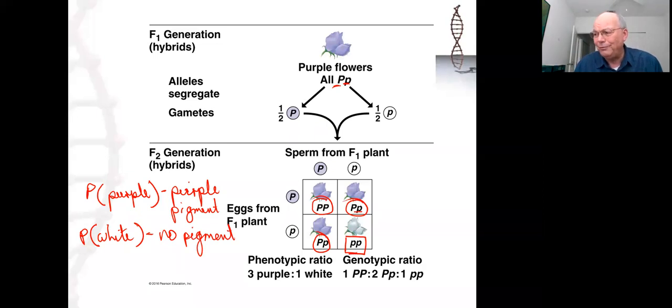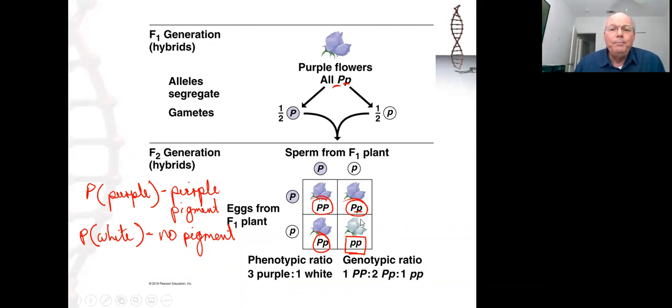That's why 3 out of the 4 offspring in the F2s are purple, because they all have the allele that says make purple pigment. If you have two little p's, both of those alleles say make no pigment, so you make no pigment, you are white in color. So white here is lack of color.